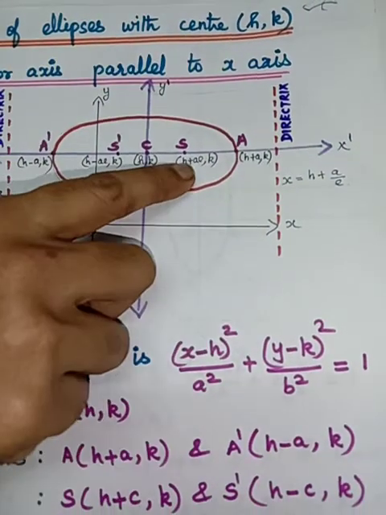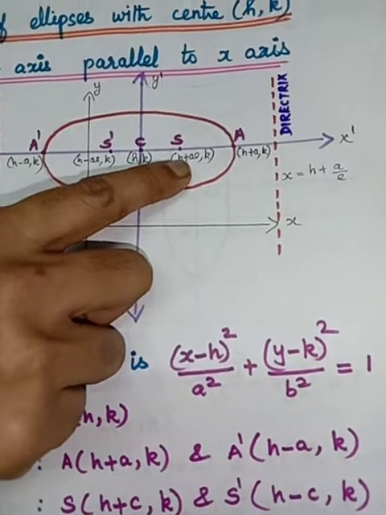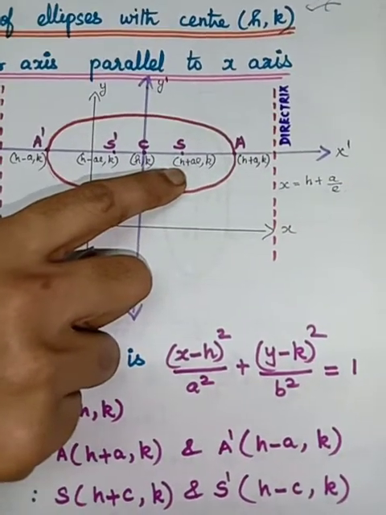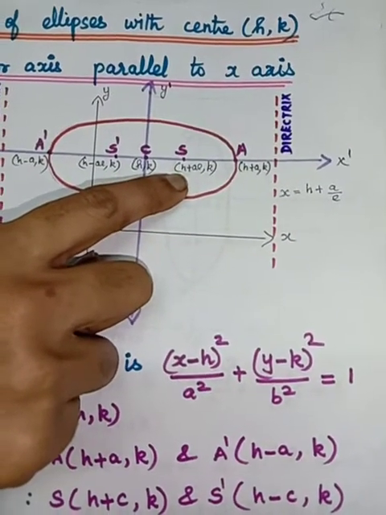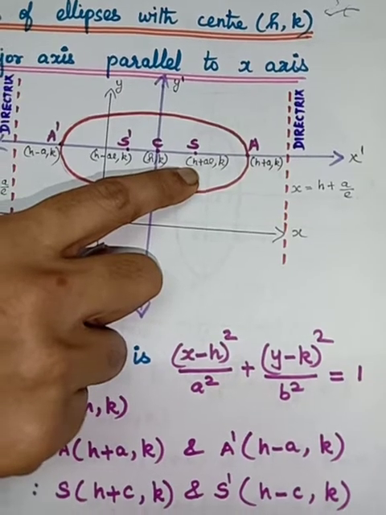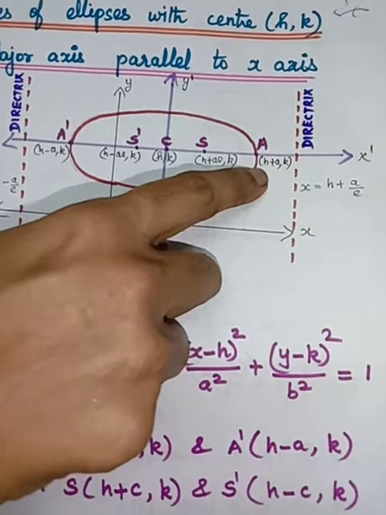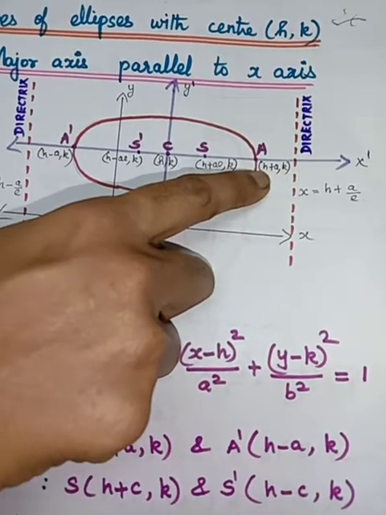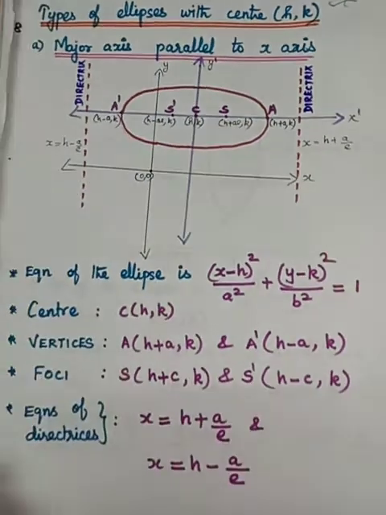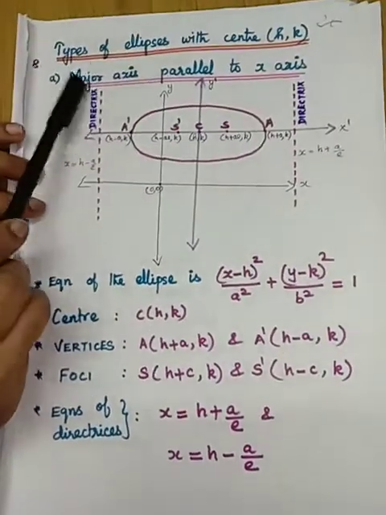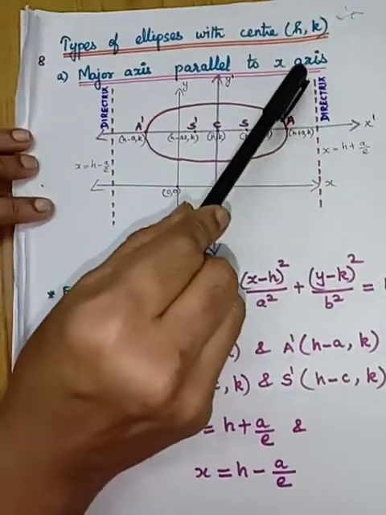So in the x coordinate you have to add h to ae for the foci, and for the vertex you have to add a to h. Got it clear?